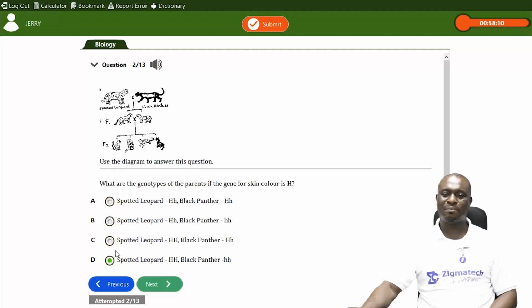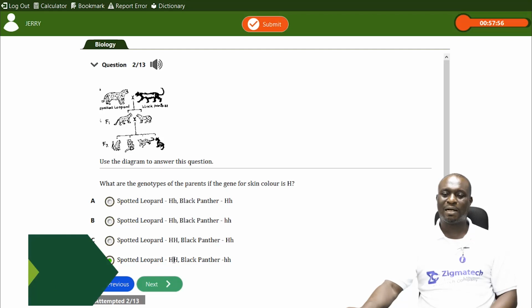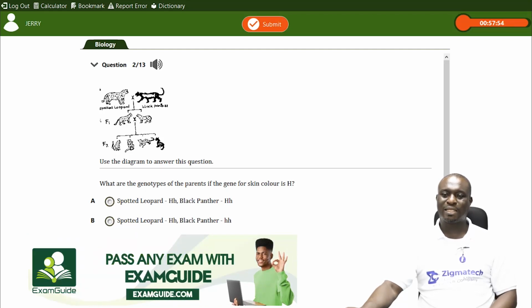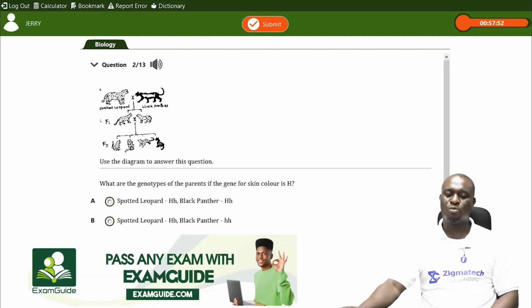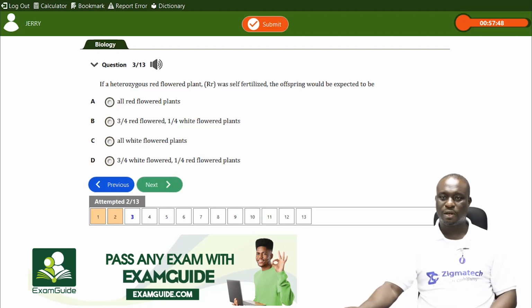So the correct gene for both of these leopard animals is that the spotted has capital letter H, which is homozygous dominant, while the black panther has homozygous recessive genes. All right.